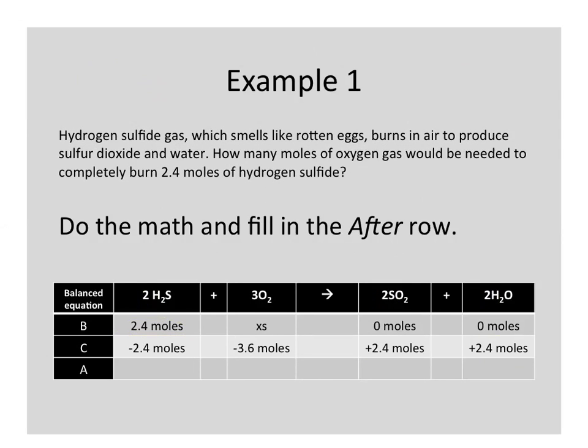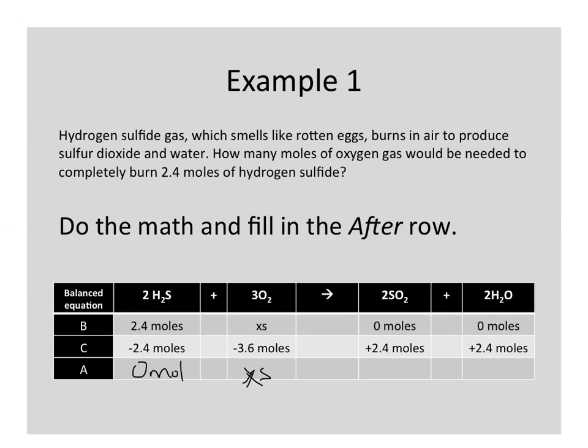Okay, so now we do some math, and we fill in the after row. In our H2S, we have 2.4, and we use 2.4, so we're left with 0 moles here. For our O2, we have a ton, we use 3.6, so we still have some left over, so we call that excess.